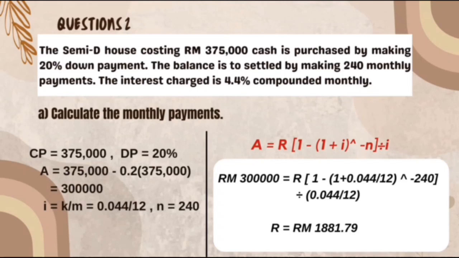The formula is A equal to R bracket 1 minus bracket 1 plus I bracket to the power of negative N bracket divided by I. Then we will add in the numbers: 300,000 equal R bracket 1 minus bracket 1 plus 0.044 over 12 bracket to the power of negative 240 bracket divided by 0.044 over 12, and the final answer would be RM1,881.79.